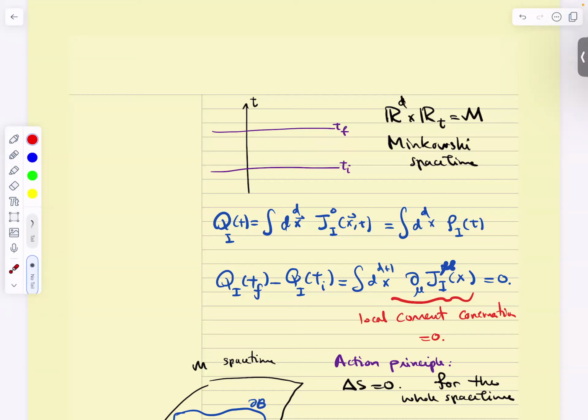I think you will see examples of non-constant-time charges. Do you have any examples already? Much simpler than that. Well, think about boosts.